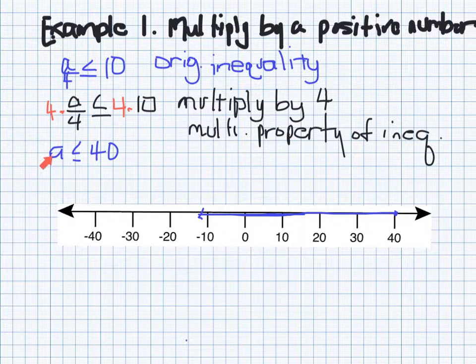Because we're multiplying by a positive number, nothing changes with the inequality. So we end up with a is less than or equal to 40, and then I can plot this. Since I have an equal to in my inequality, I have a closed circle there, and then my line is going to the left.